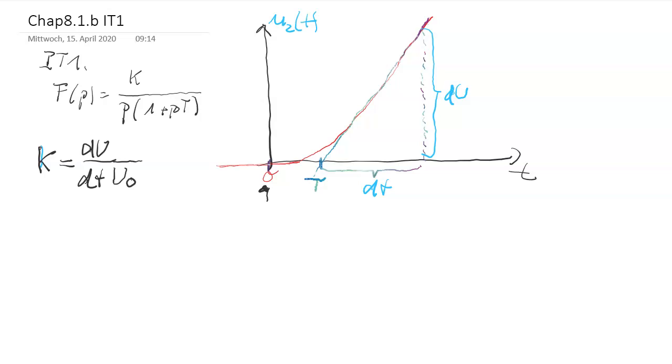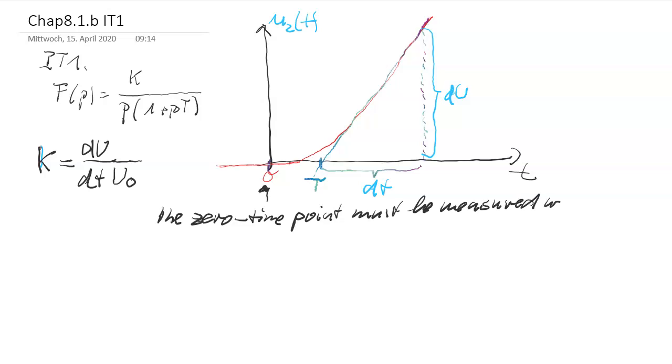This 0 time point must be measured with the second channel of the scope.